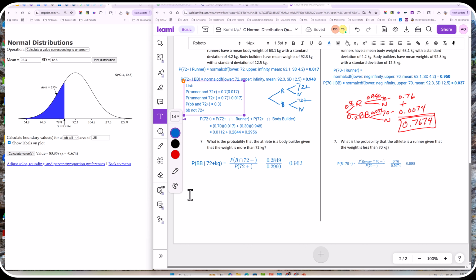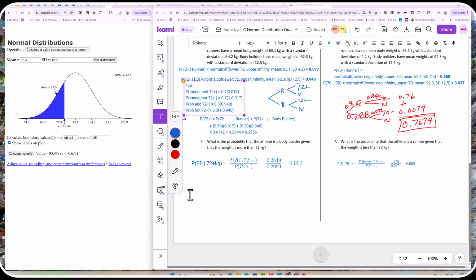And the probability of bodybuilders at least 72 pounds is 0.948. And you can multiply those out. And then finally, the probability they're a bodybuilder but not 72 plus. It's still 0.3, but this time it's 1 minus 0.948. All right, so that's going to be a much smaller number.